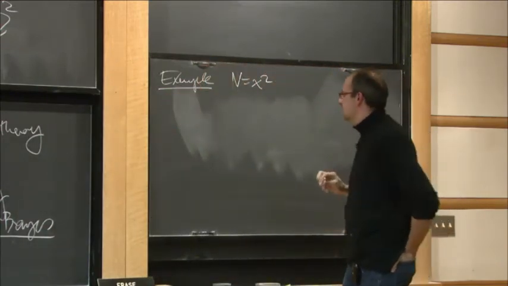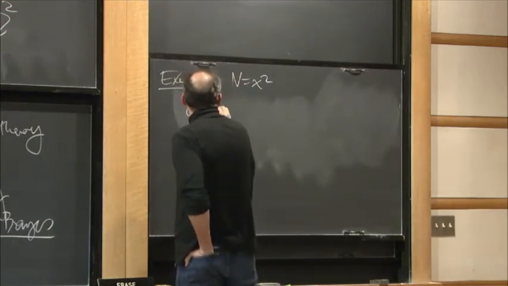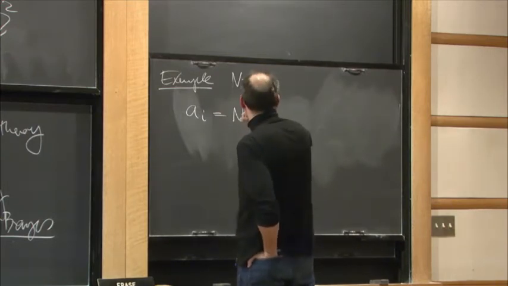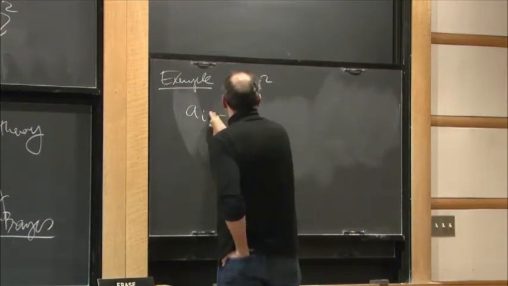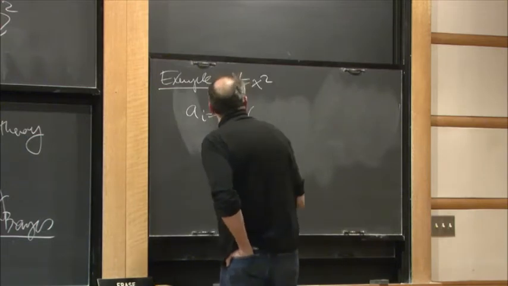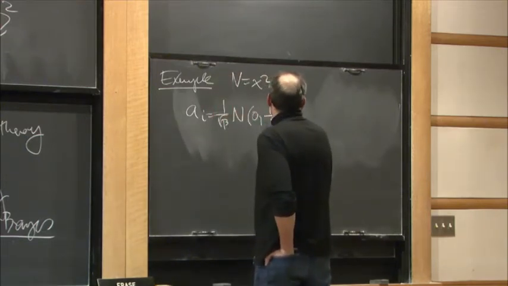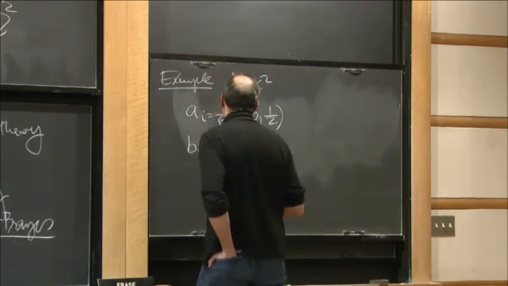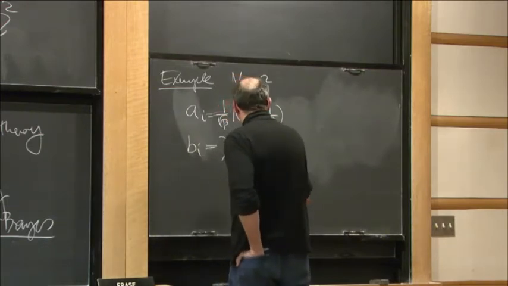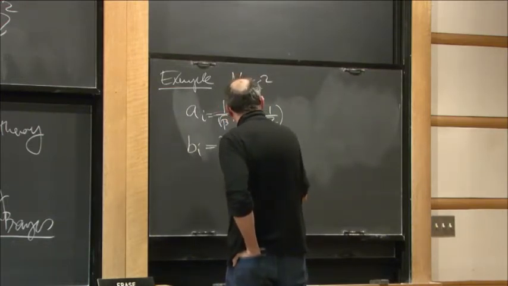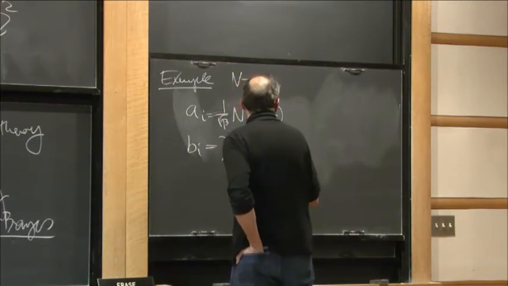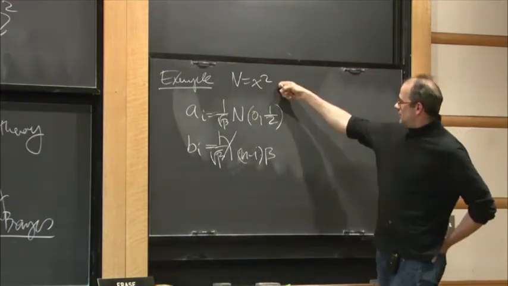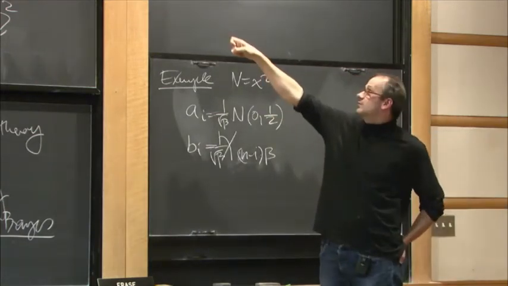I won't go into the details, but the main thing is that in this case, a_i is going to be a normal, I think with a 1 over root beta, with mean 0 and variance 1/2, and the b_i is going to be a chi with n minus i times beta degrees of freedom, and I think there's also a 1 over root beta here. Okay, so this is the case V equals x squared, and that's what you put into this tridiagonal matrix.